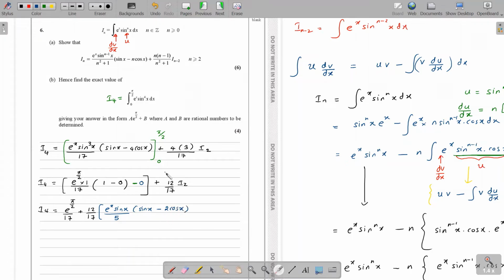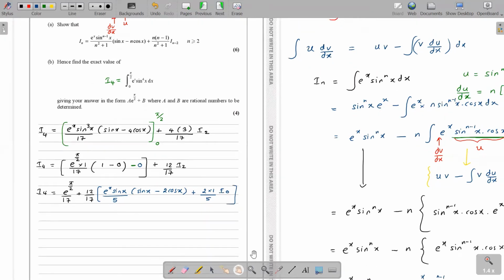While you're writing over here, it's better you keep your finger over here to go ahead with everyone, so you don't miss anyone. Plus, replace n with 2, so you get 2 into (2 minus 1) is 1 over 2 squared plus 1 is 5, and 2 minus 2 is I naught. Are you with me? And then again you have to put the limits to the part where you're done with the integration.